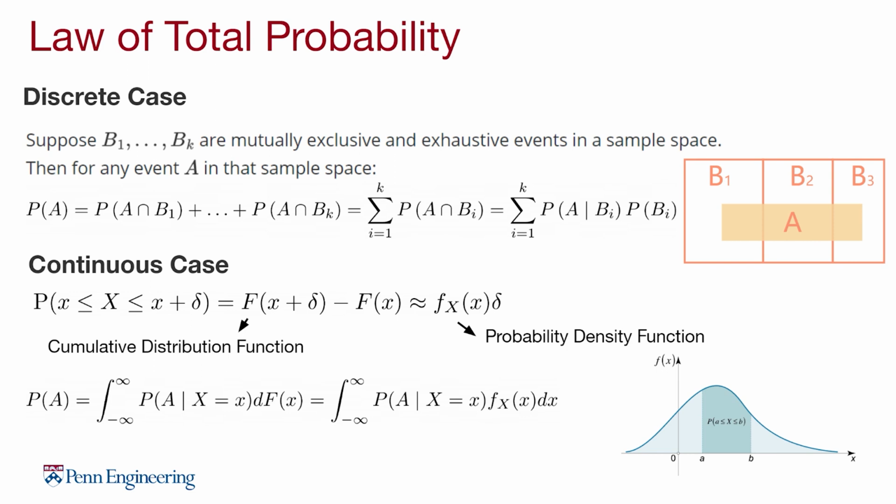From the definition of the conditional probability, we can substitute the intersection term with the multiplication of the conditional probability and the marginal probability, and we can rewrite this expression as a summation of the conditional probability terms.